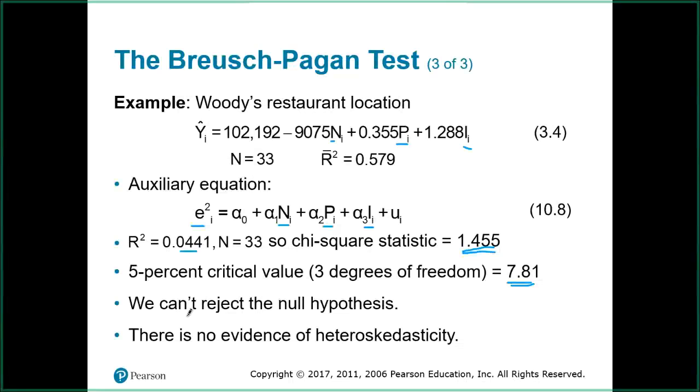The heteroskedasticity test is a case where, if you think heteroskedasticity is a bad thing, then you don't want to be rejecting the null. The null hypothesis in this case is homoskedasticity. The alternative is heteroskedasticity. If you fail to reject the null, that means you're saying we can't rule out that my data is homoskedastic, that it conforms to the typical OLS assumptions.